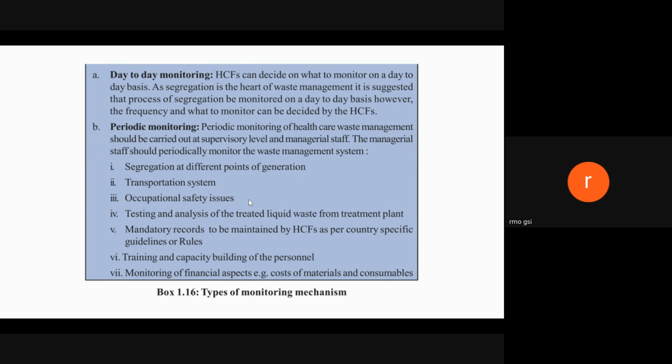It includes segregation at different points of generation, the ways of transportation, the timing of transportation, occupational safety issues, testing and analysis of treated liquid waste from the plant, mandatory record maintenance as per the laws, rules and guidelines, training and capacity building, monitoring of financial aspects, and cost of material and consumables. That can be done periodically, either on a monthly or quarterly basis.